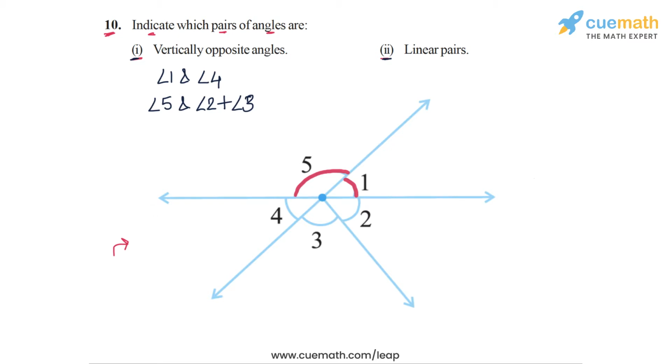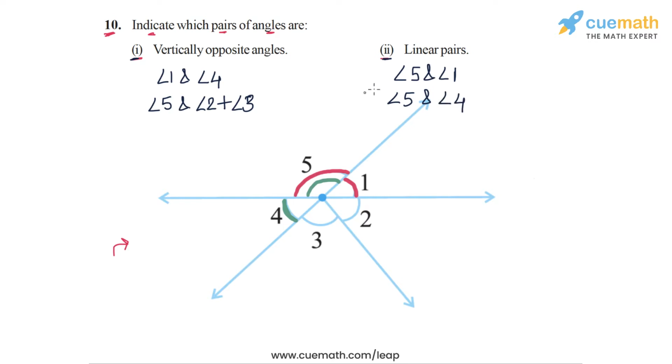And similarly, angle 5 again and angle 4 this time, these two angles also form a linear pair of angles. So two answers that we can write for this part are angle 5 and angle 1, and then angle 5 and angle 4.